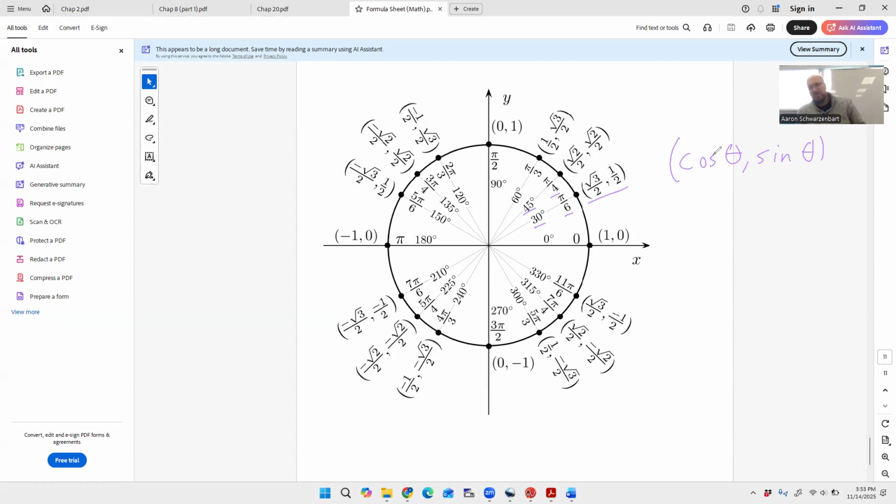So really important thing: if the angle is on the unit circle, you can find the cosine by the x coordinate, the sine by the y coordinate. And knowing this unit circle was partly how I knew the sines and cosines of the last problem.